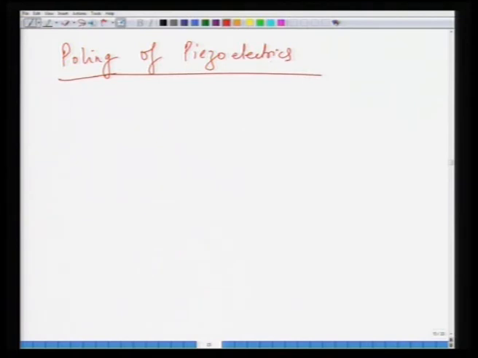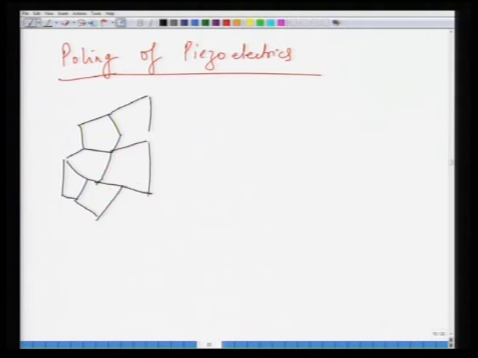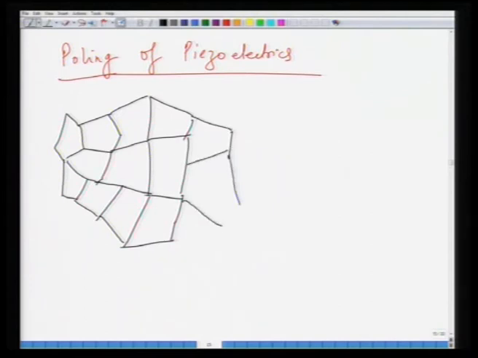So, if you take, typically, let us say this is the grain size, so this is a typical polycrystalline material, a ceramic. Okay.